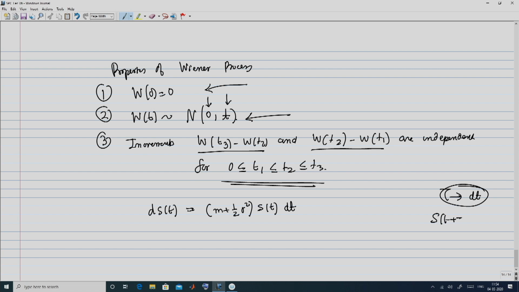Then S(t+tau) minus S(t) becomes dS(t), and W(t+tau) minus W(t) becomes dW(t), because of the central limit theorem that I have just mentioned.